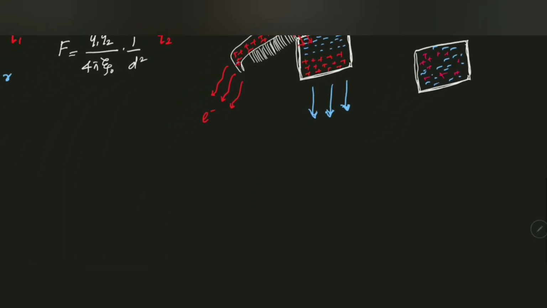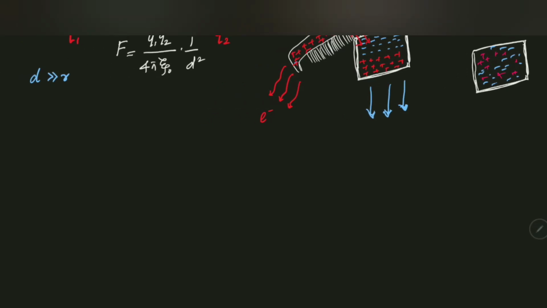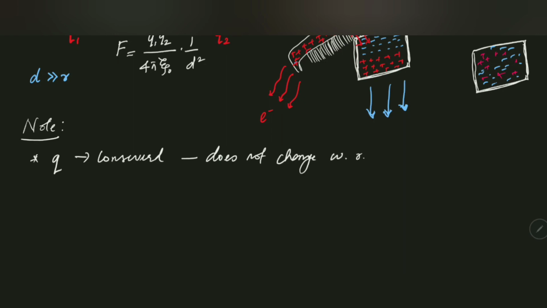So from this theory, we can come to some important notes. The charge q is always conserved. Conserved means it does not change with respect to time. The next one is, the charge is always local.